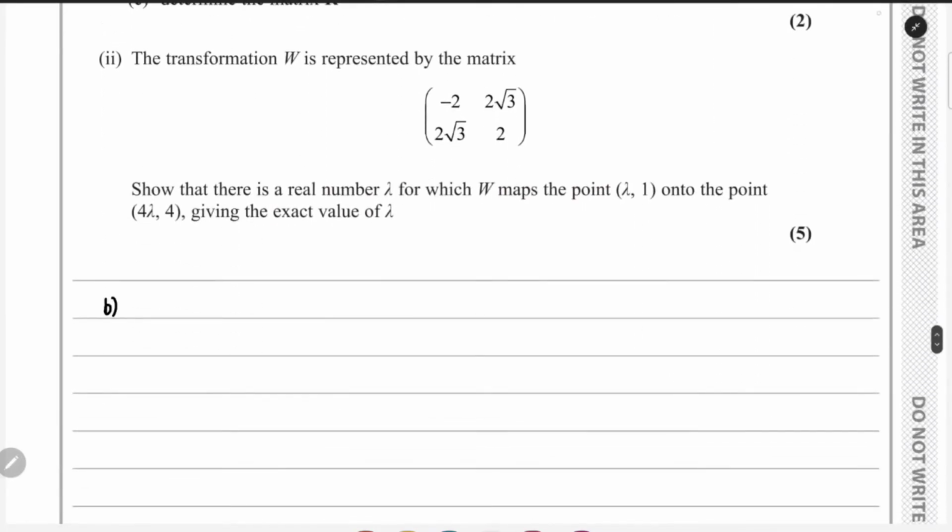We know that for any rotation we have this matrix, cos theta, minus sin theta, sin theta, cos theta, where theta is the anti-clockwise rotation about the origin.